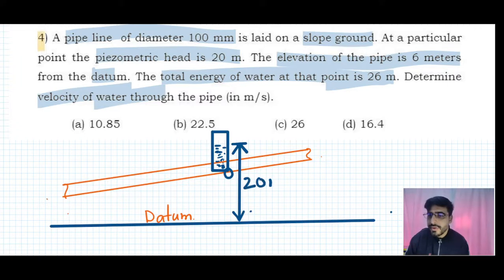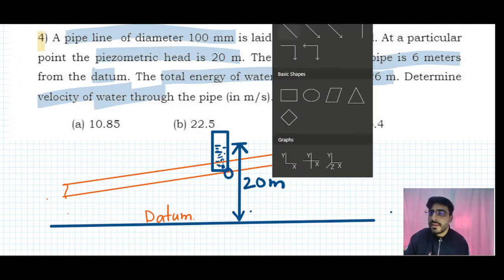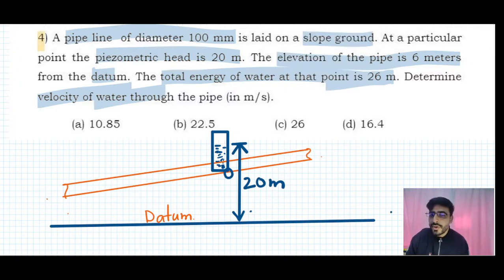It is also given that the elevation or the datum head is the 6 meters. Okay.